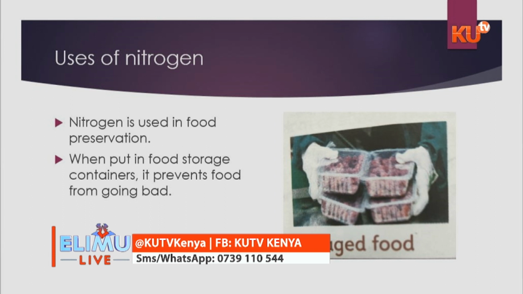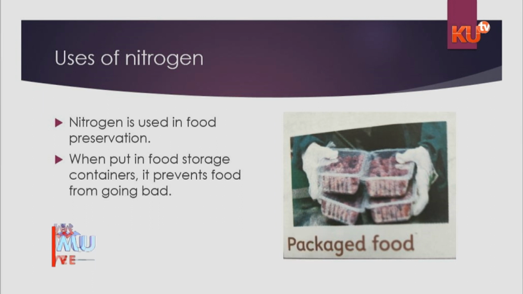What about nitrogen? What is the use of nitrogen in plants? Nitrogen is used by plants to get nutrients, and these nutrients are used by plants to make proteins.